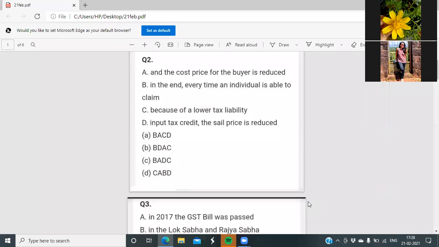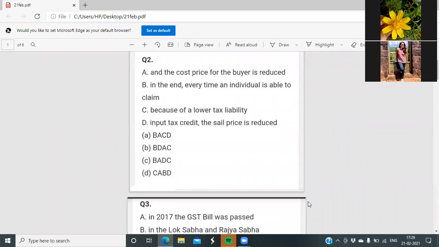In the end, every time an individual is able to claim. First of all, we have an opening statement: in the end, every time an individual is able to claim. Now what is he or she able to claim? Input tax credit. So the first statement is complete here.